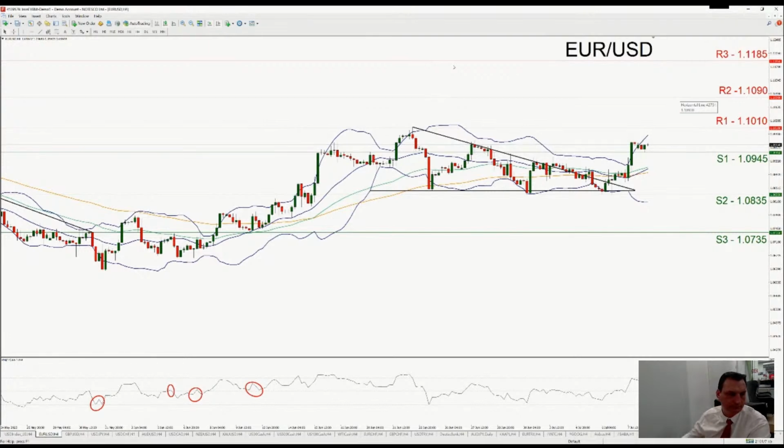On the other hand, should the pair stabilize, I wouldn't be surprised to see it remaining between the 1.10 and the 1.0945. For a bearish outlook, we would require the pair to drop, break the 1.0945, and start aiming once again for the 1.0835. Actually test it.